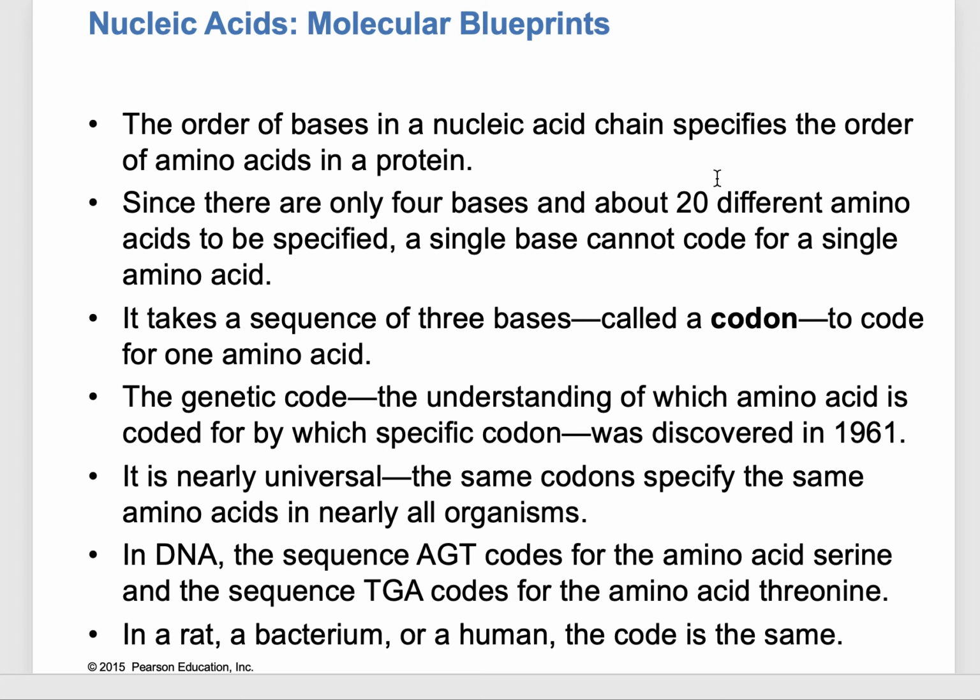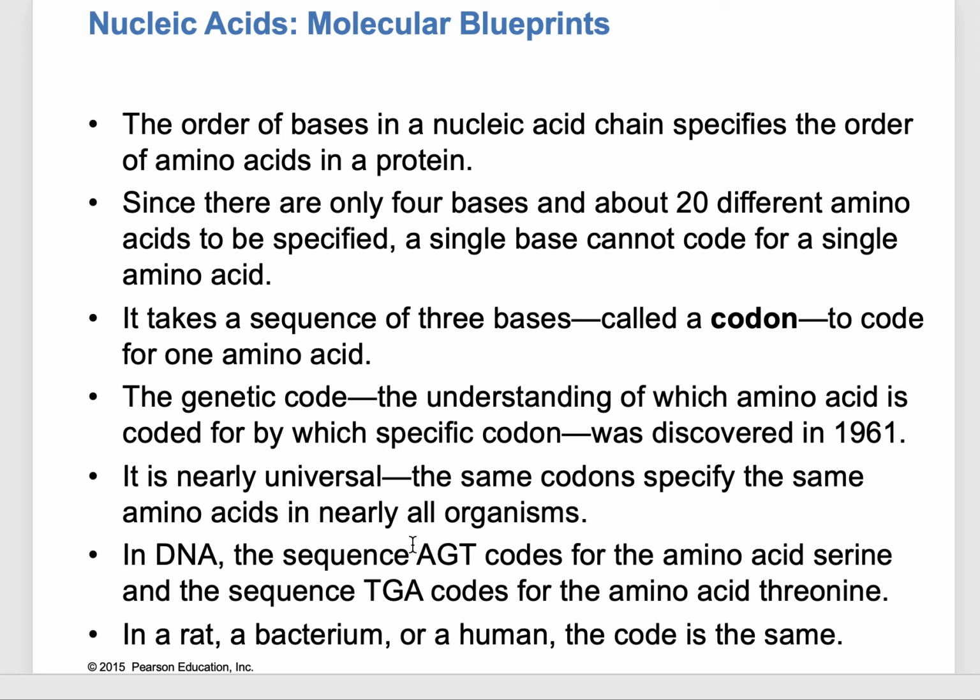Two is not good either. So three is perfect. Okay. So three nucleotides will code for one amino acid, and we call that a codon. And remember, each nucleotide only differs in a base, so that's what we call bases. So a codon is a code that has three bases or three nucleotides, and that's for one amino acid.